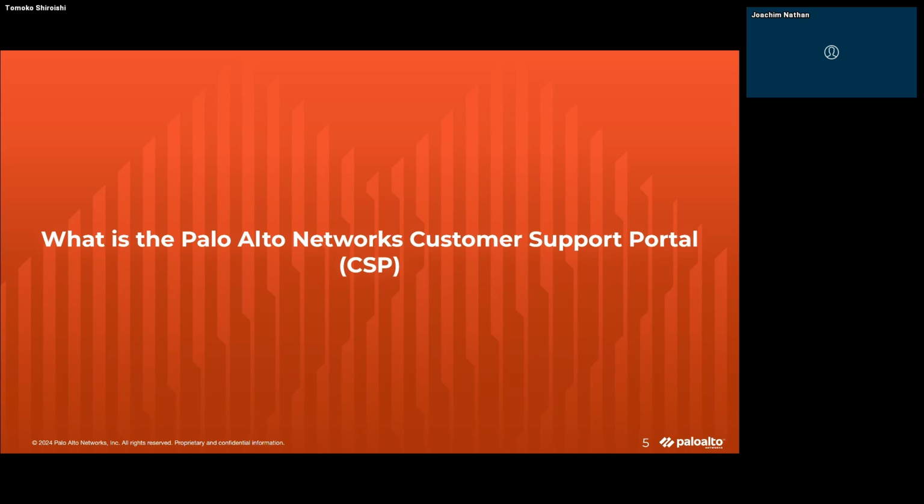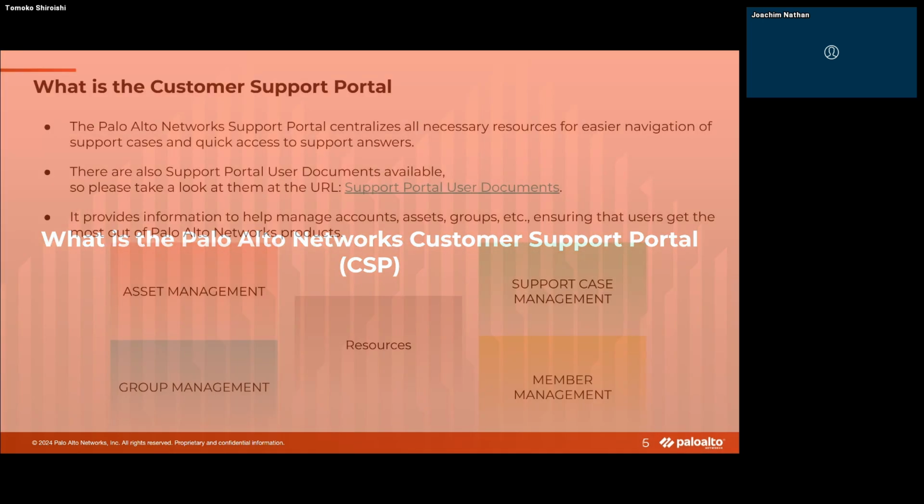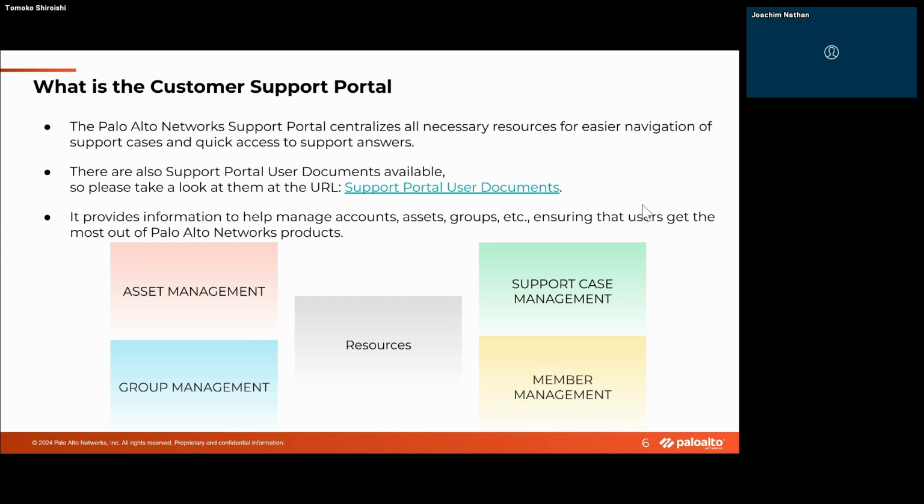So first, let me explain the Palo Alto Network CSP. Okay, next. Okay, so the CSP has 5 main functions. From the left, there are asset management, group management, resources and support, case management, and member management.